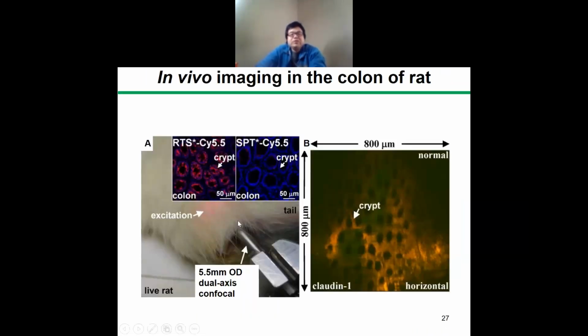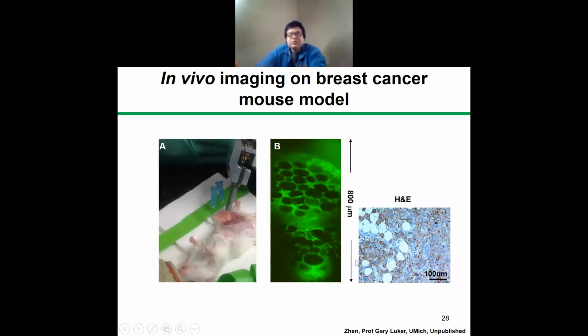And also with the tiny distal end, we can put it into the rat colon easily. When you have this 5 millimeter distal end, you can insert it into the rat colon, for example, to see the crypts, and also the targeting highlights the area. We are also collaborating with Professor Gary Luker at the University of Michigan, who is famous in breast cancer research.